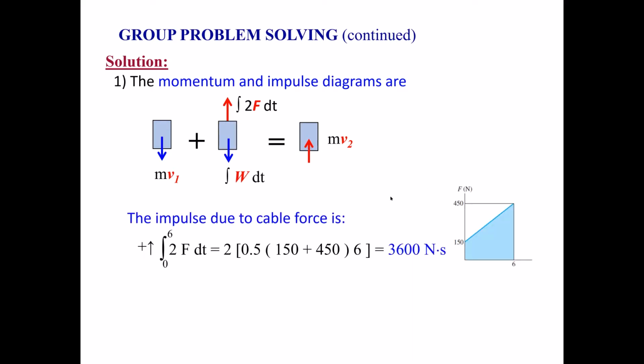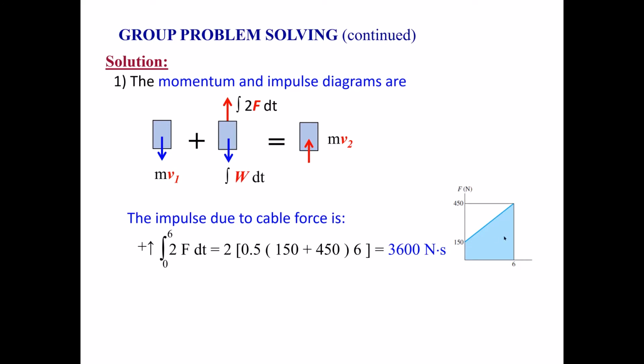So here we go. Here's the first part: the impulse due to this force being applied for 6 seconds. Okay, so you can solve that. Just do the simple integral here for the function. Or you can just think about what's the area here, right?